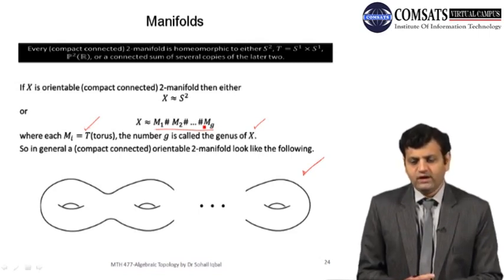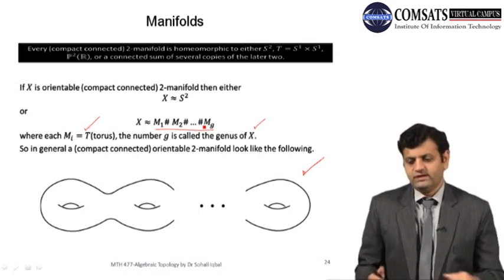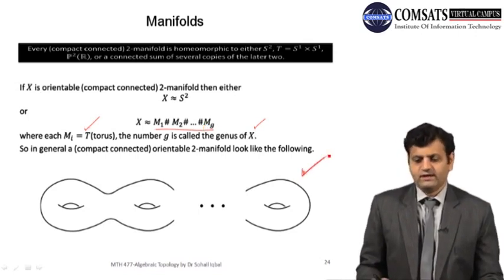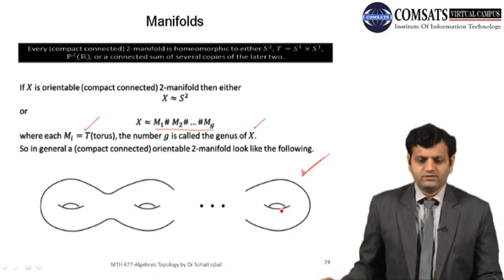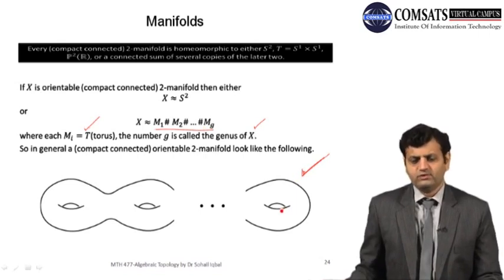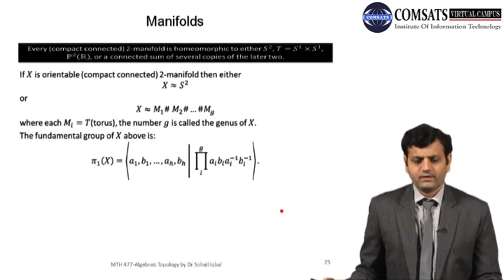So whenever I want to sketch an orientable 2 manifold, it will look like this diagram. Okay, so it's a very important result about 2 manifolds.